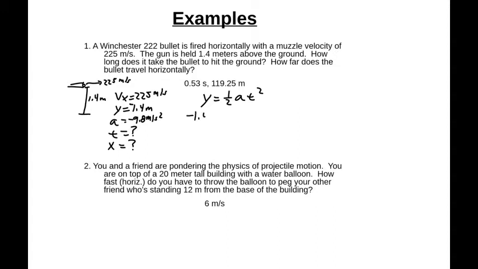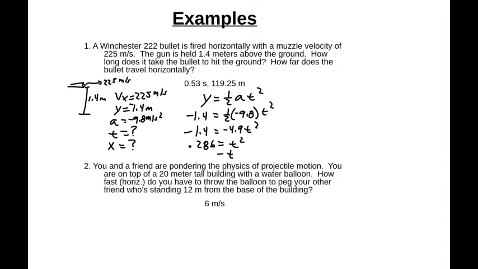So negative 1.4 equals 1/2 times negative 9.8 times t squared. So negative 1.4 equals negative 4.9 t squared. 1.4 divided by 4.9, because I can lose the negative, is 0.286.